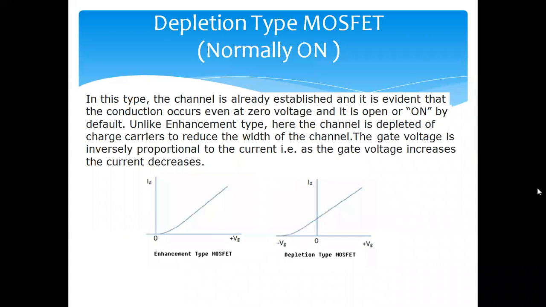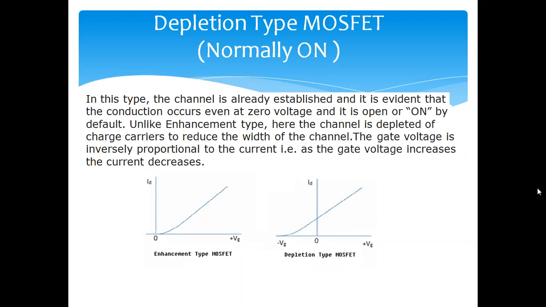Now we will talk about the depletion type mode, which can be referred to as a normally on MOSFET. Why is it referred to as normally on? In this type, the channel is already established.